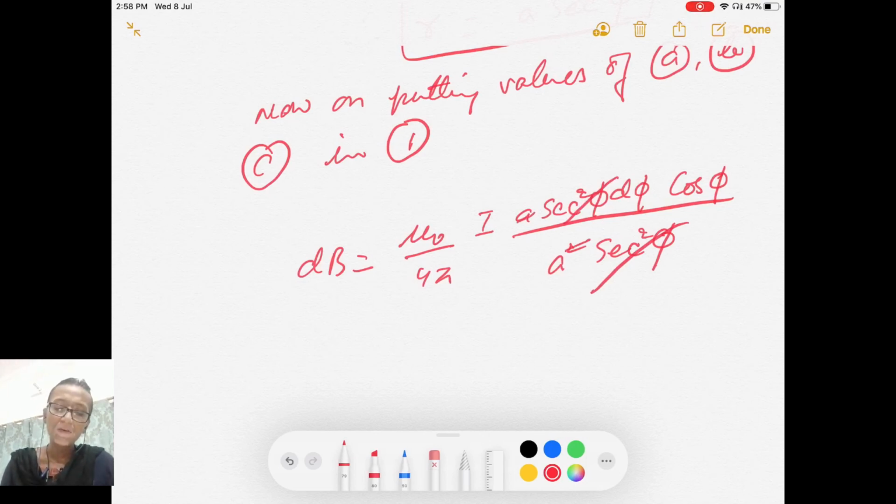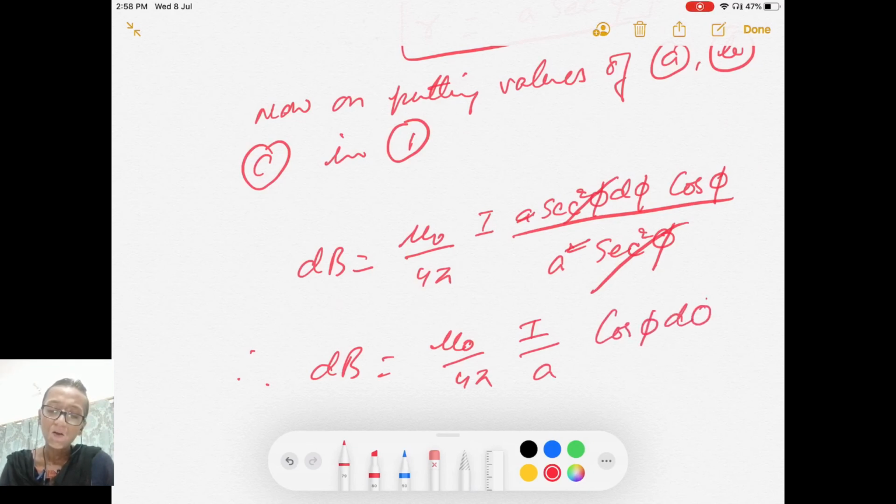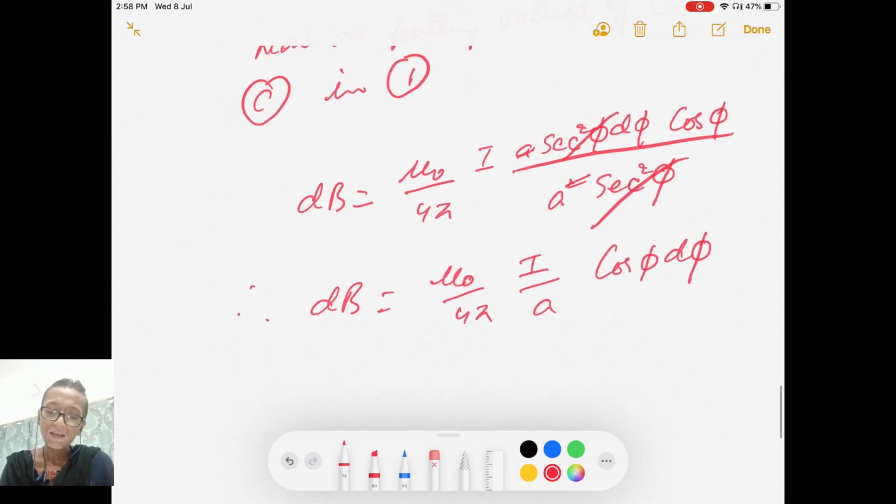So sec square phi is cancelled, A is cancelled, therefore dB is equal to mu naught upon 4 pi I upon A cos phi d phi.